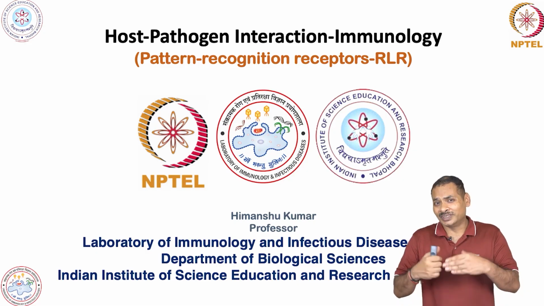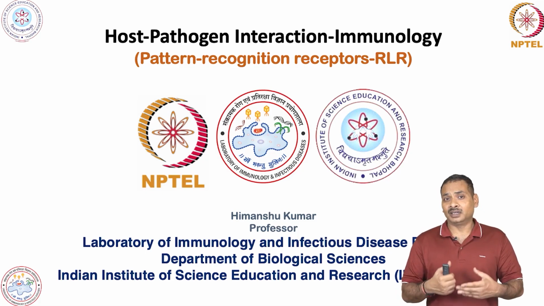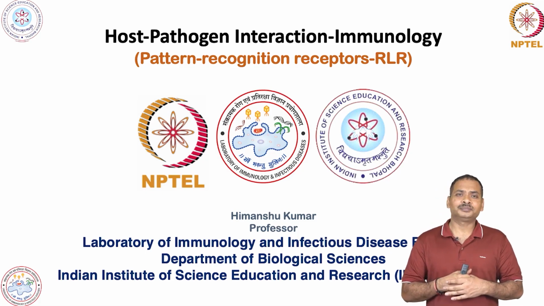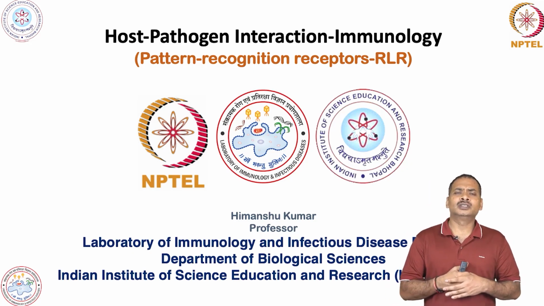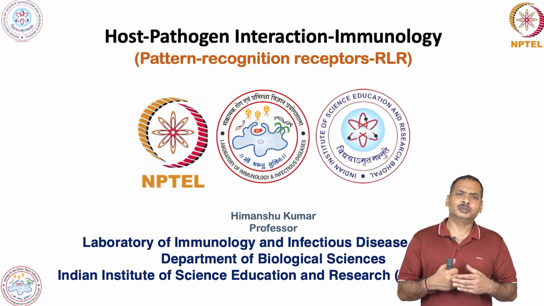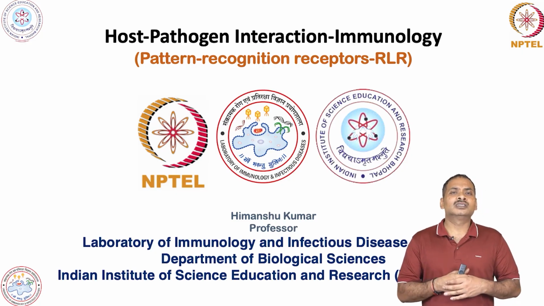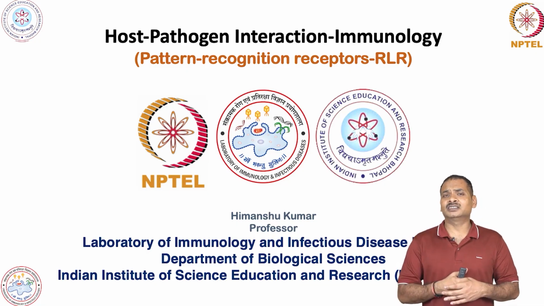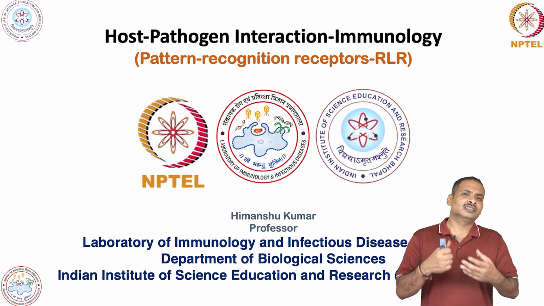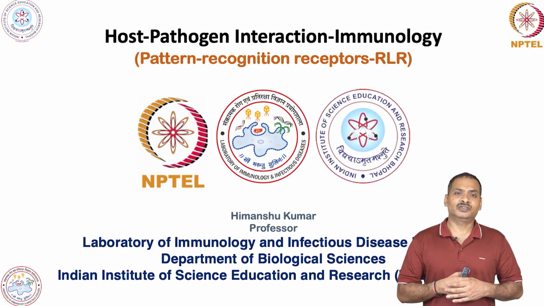So, that was the basis for the discovery of RLR or cytosolic sensor. In 2004, the group of Takeshi Fujita in Japan extensively performed a screening experiment, and found that there is some molecule, okay, which can sense this RNA molecule, and this molecule can induce the synthesis of type 1 interferon.